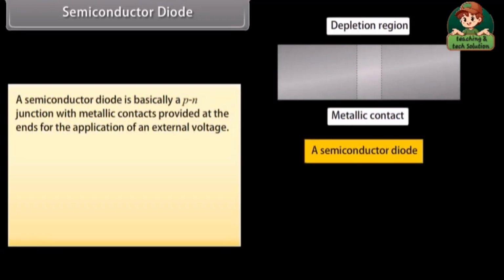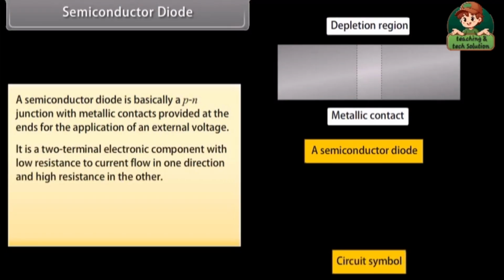Semiconductor diode. A semiconductor diode is basically a PN junction with metallic contacts provided at the ends for the application of an external voltage. It is a two-terminal device. The arrowhead corresponds to the P-type terminal of the device and points in the direction of easy current flow.